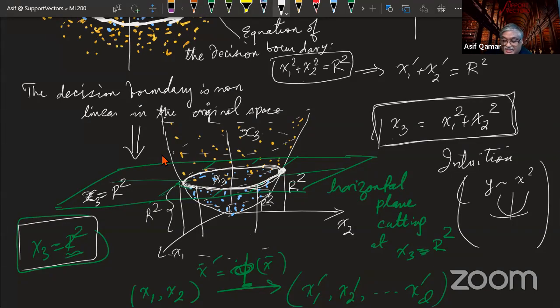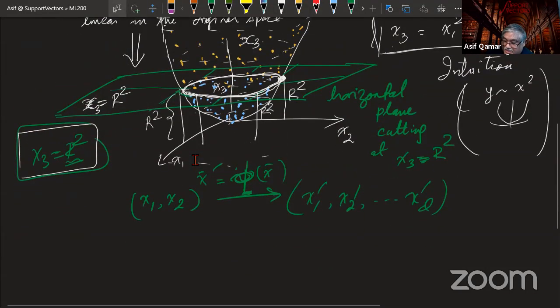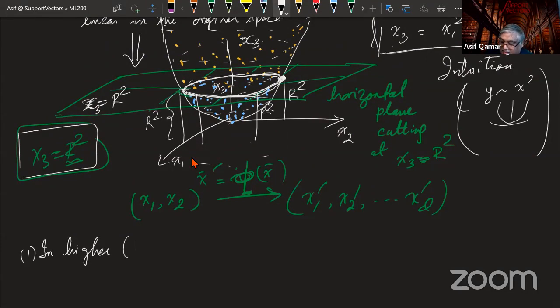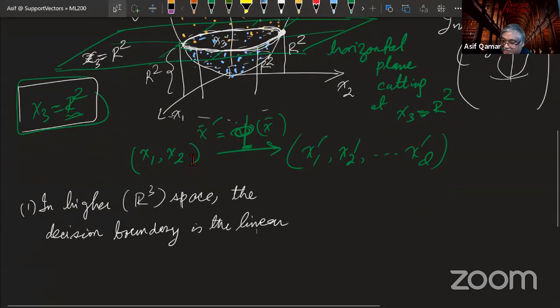So now the intuition is, look at this. In higher dimension, in R3 space, the decision boundary is the linear, if you look at x3 is equal to r squared plane.